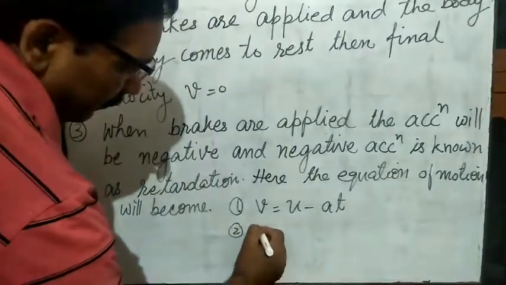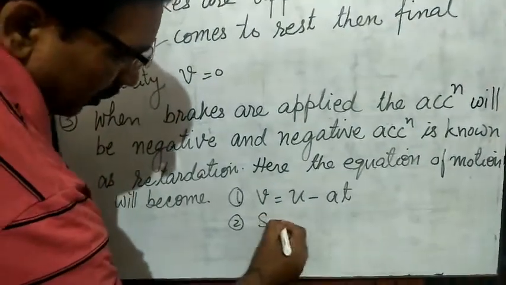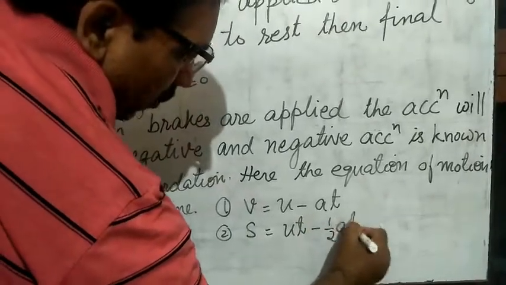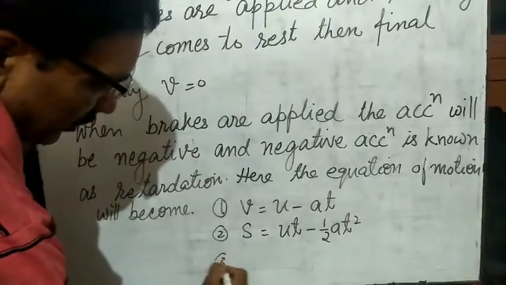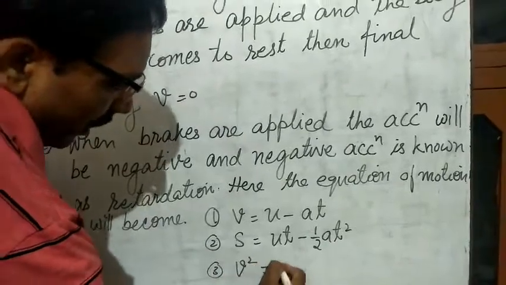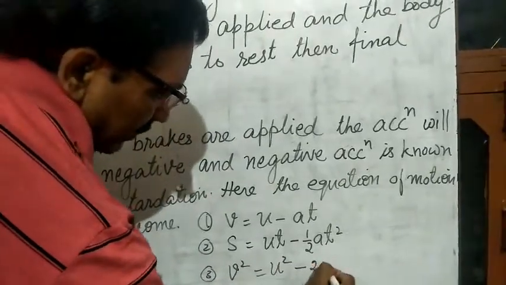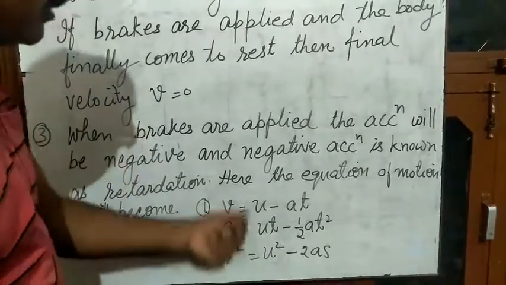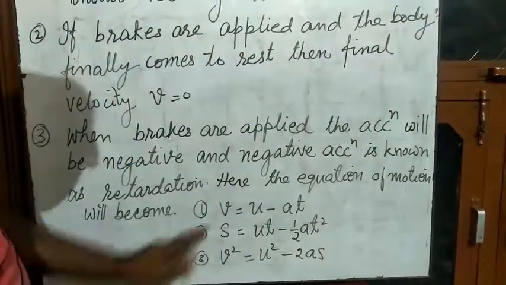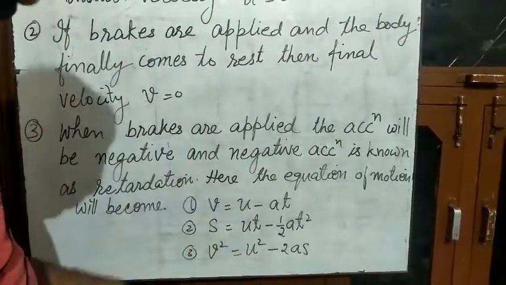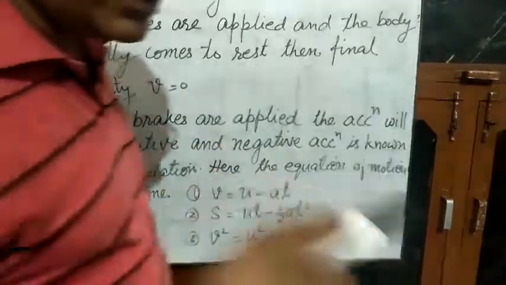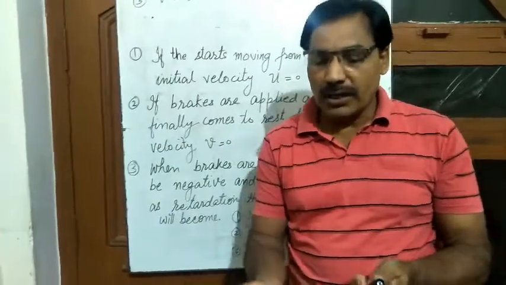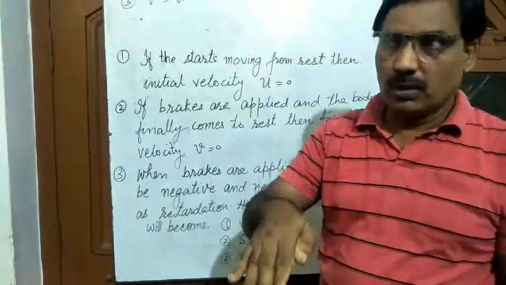Second equation, s is equal to ut minus half at square. Third equation, v square is equal to u square minus 2as. So we have taken the negative sign because when brakes are applied, acceleration becomes negative. Clear?